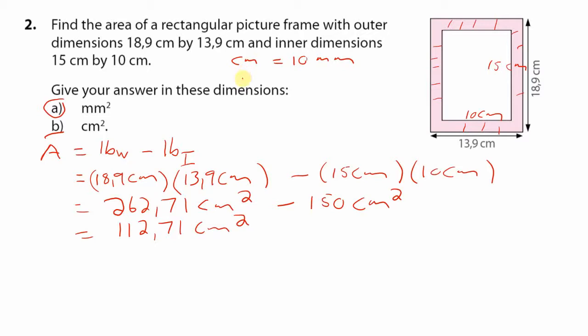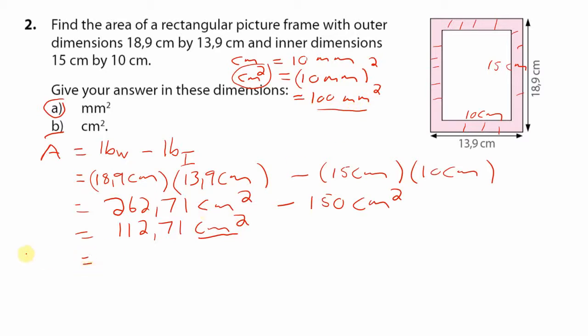So how do we get from centimeter to centimeter squared? We simply square the centimeter. What we do on the left, we will have to do on the right. So we will have to take the 10 millimeter and simply square it. And 10 times 10 is equal to 100. Millimeter times millimeter is millimeter squared. So now we can simply replace wherever we see centimeter squared by 100 millimeter squared.